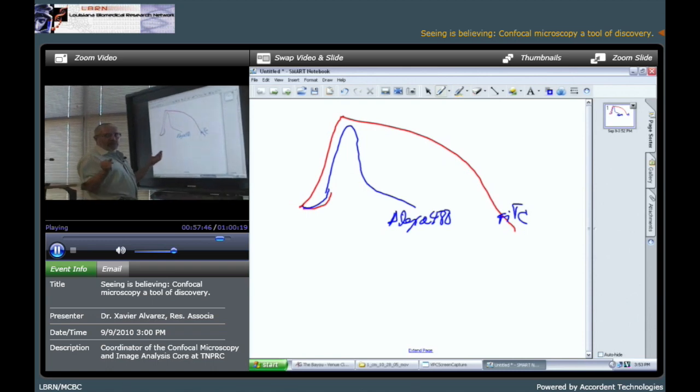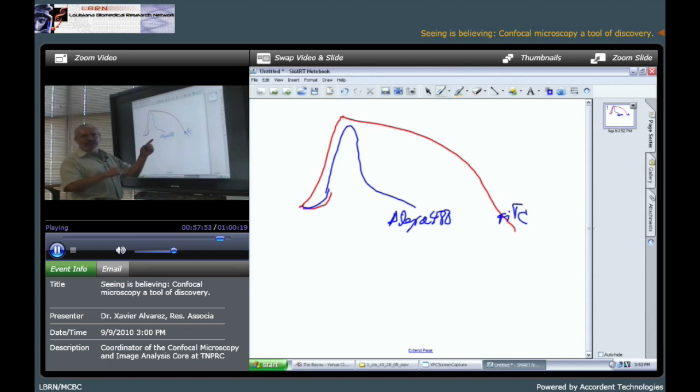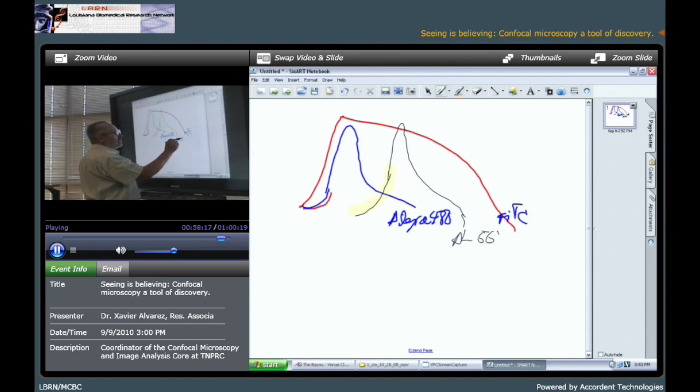If you want only one color, FITC works well. FITC quenches faster, about 1,000 times faster than Alexa. But the spectra are very different. And if you want another color, with the Alexa it's very easy to use Alexa 568.